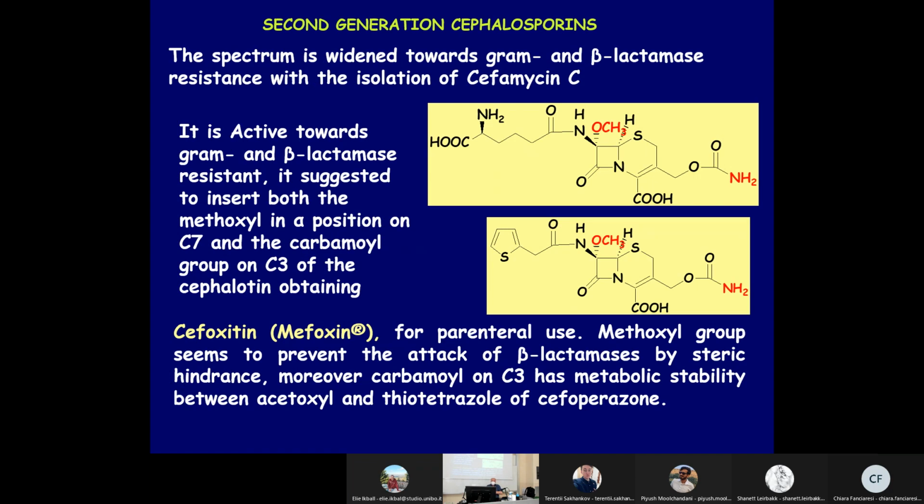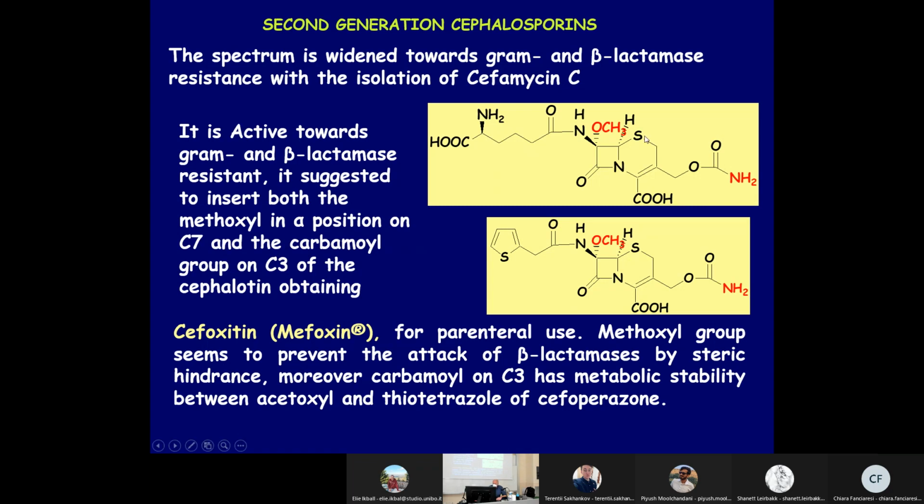Some years later, the scientists isolated a new natural cephalosporin called cephamycin C. Cephamycin C, you see the name, and you see here the structure. Where is the novelty? Where are the new modifications in this natural compound that we can apply to the class of cephalosporins?